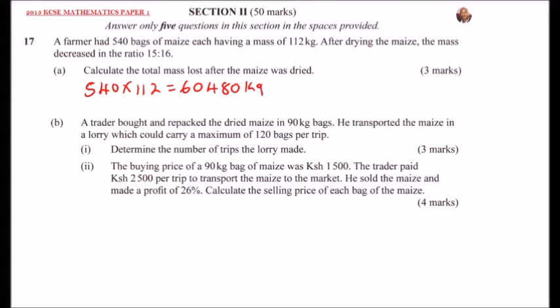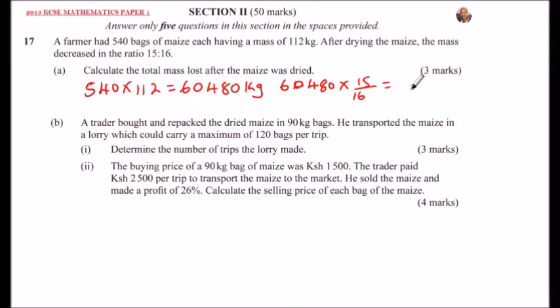60,480 kg. So the ratio decreased from 16 to 15. You can calculate this. So you can say 60,480 multiplied by 15 out of 16.